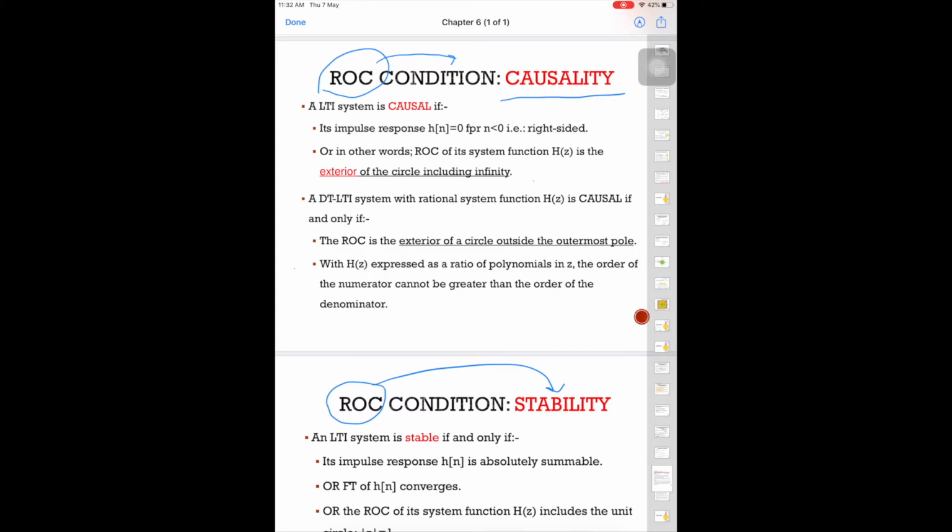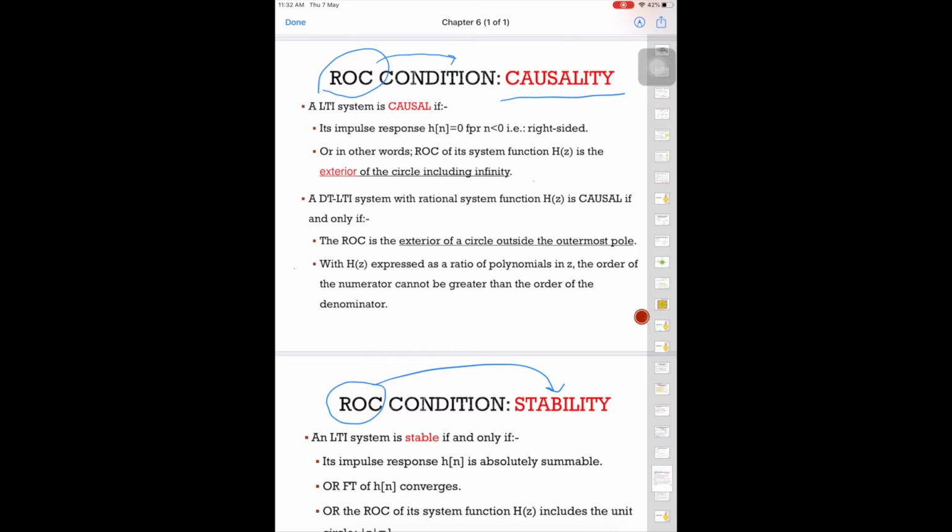A discrete time linear time invariant system with rational system function Hz is causal if and only if the ROC is the exterior of a circle outside the outermost pole, and with Hz expressed as a ratio of polynomials in Z, the order of the numerator cannot be greater than the order of the denominator.